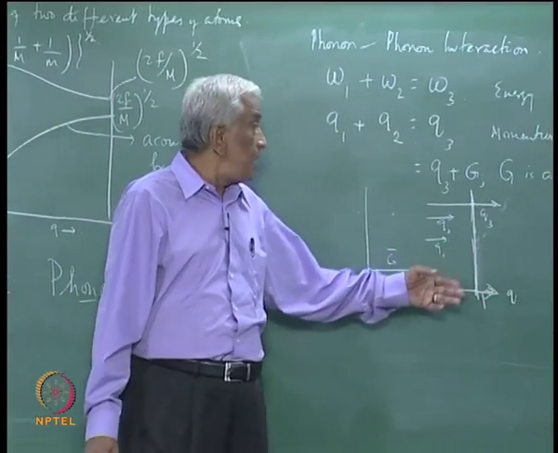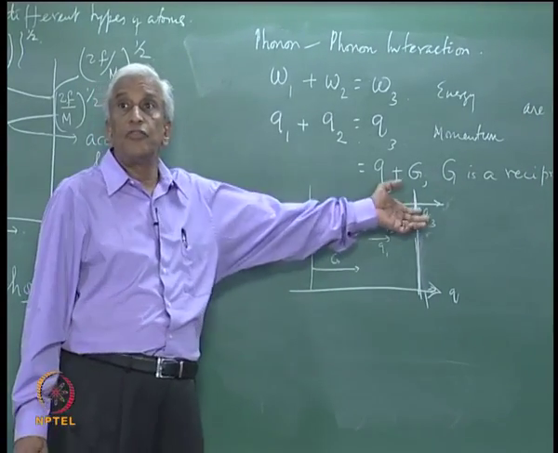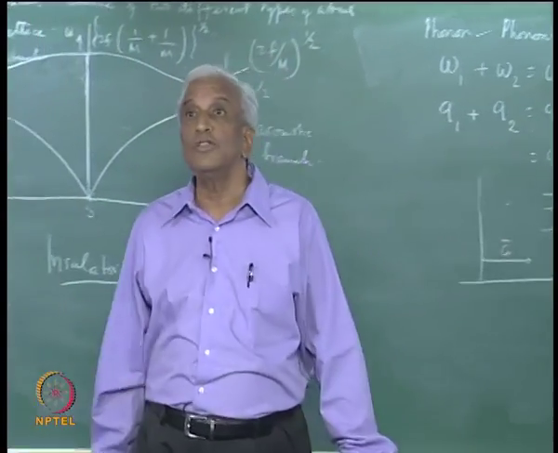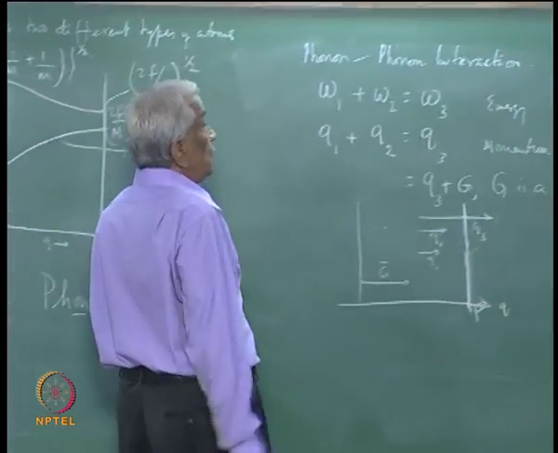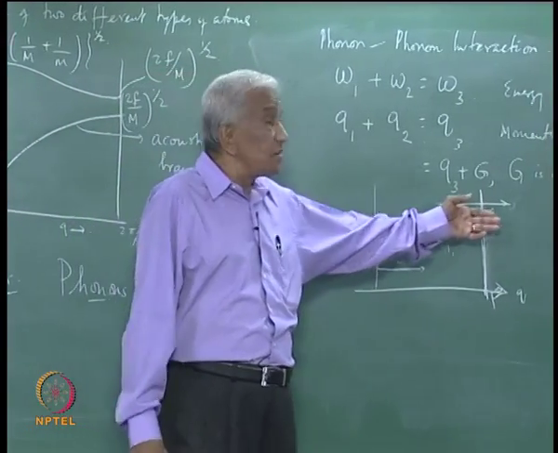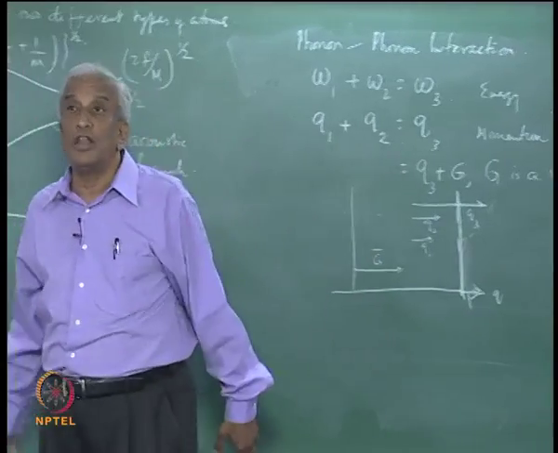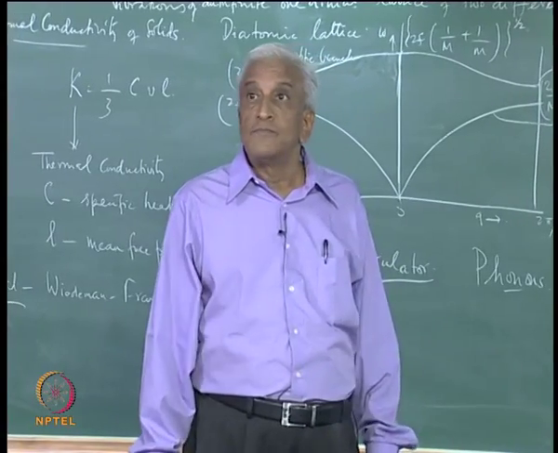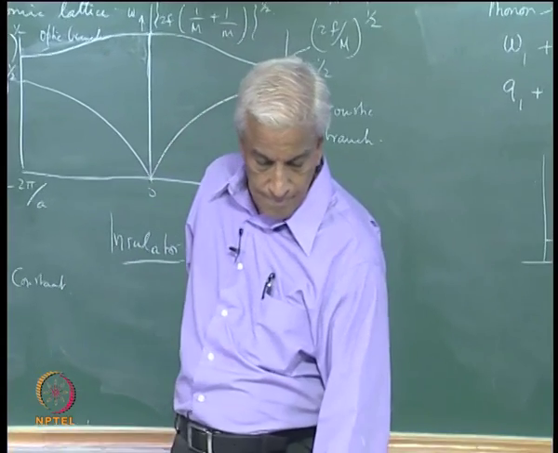Then this will be q3 plus G. Therefore, this resultant vector will come back into the first zone. That is how this process takes place, and this reversal means that the scattering of the phonon can reverse its direction, its momentum. So, the thermal resistance can be appreciable because of this.